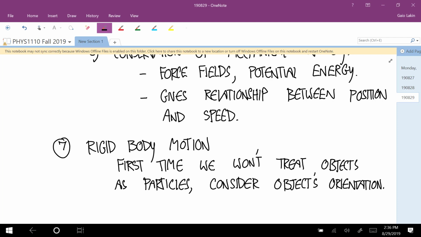Like, for example, if you applied a really big force to this part of the table, and it would have to be a really big force because this is a heavy table, you could treat the table as a particle and calculate where it would go.